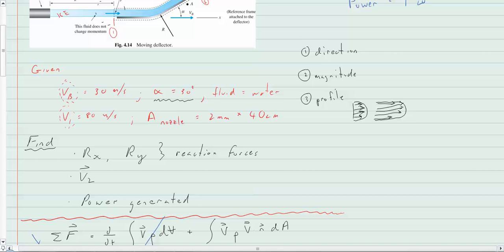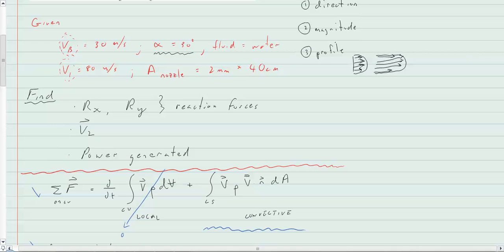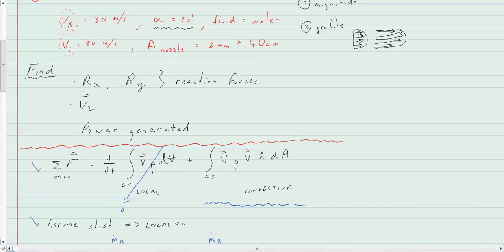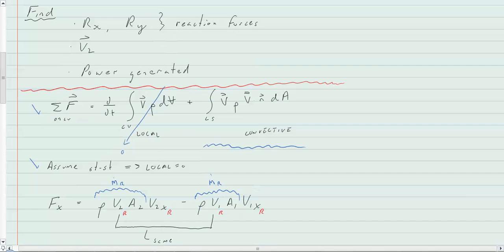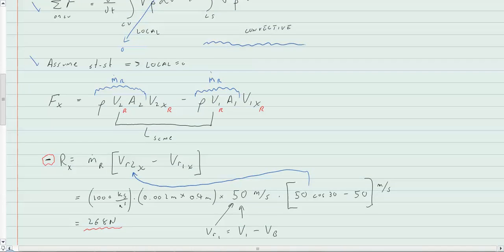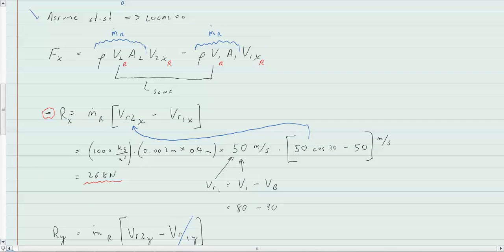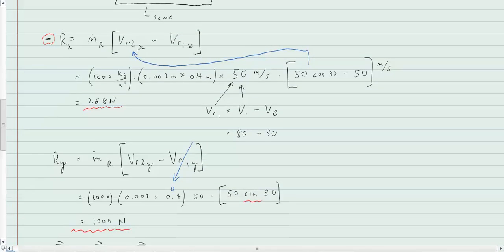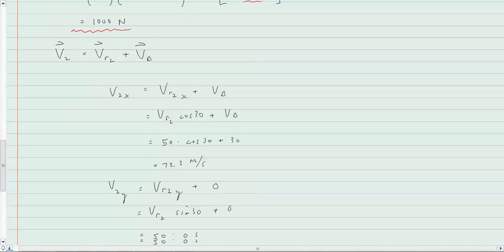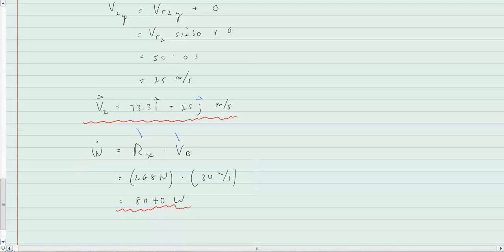We also know something about the nozzle size. Finally, we look for Rx, Ry, V2, and power generated. We go directly to the Reynolds transport theorem. We simplify. We decompose. We look at the velocities carefully. And we finally do a power calculation.